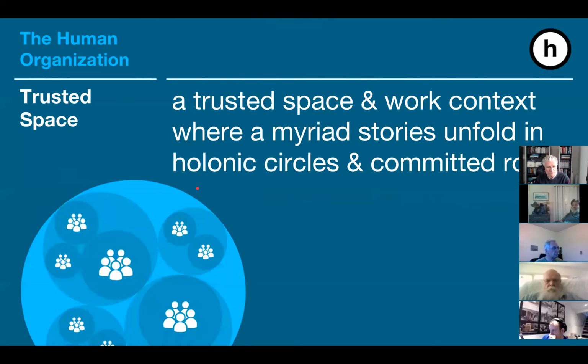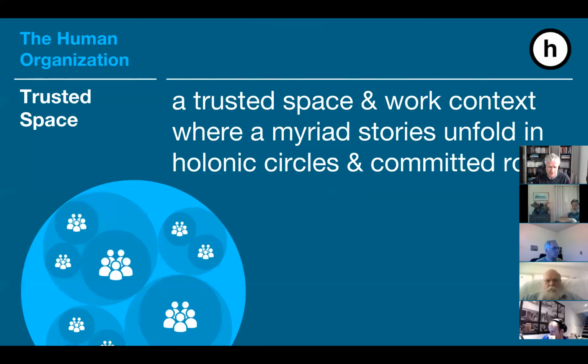Then the space, a trusted space in a work context, where all of these stories can unfold, in what we've defined as holonic circles, and within these circles, in these different committed roles. I don't want to talk too much about organizational structure, because this will go into a discussion of what's the best structure, and should we prefer structure A over structure B, which is just not about that.